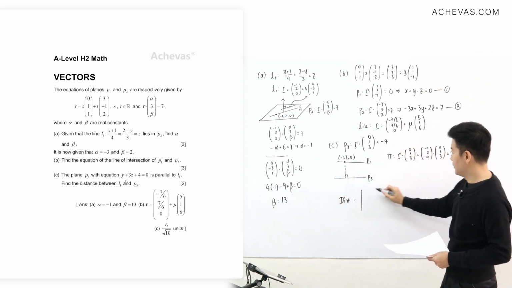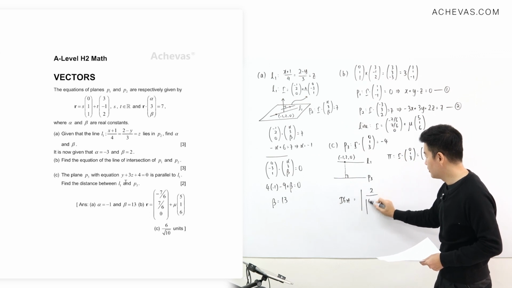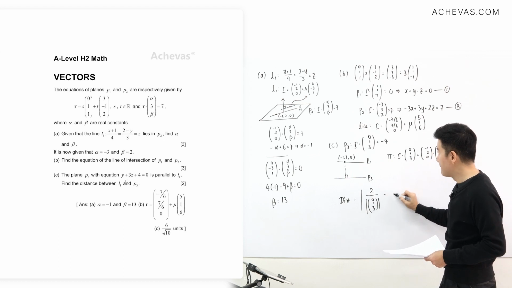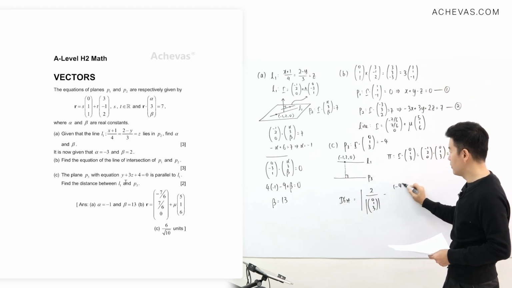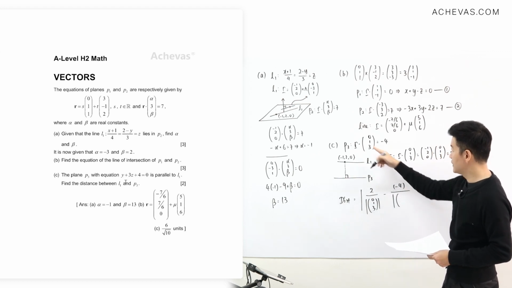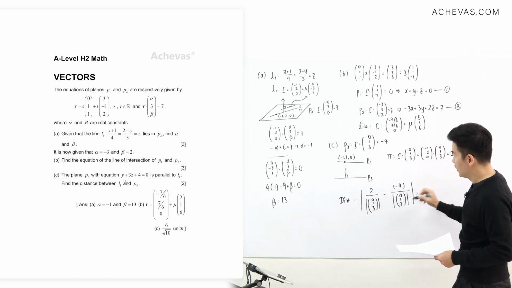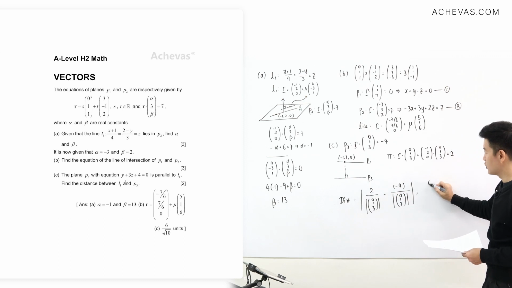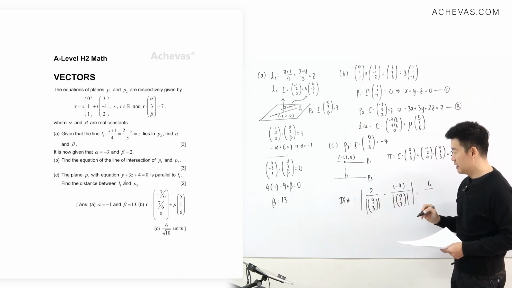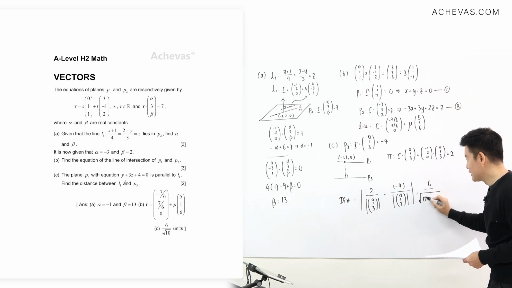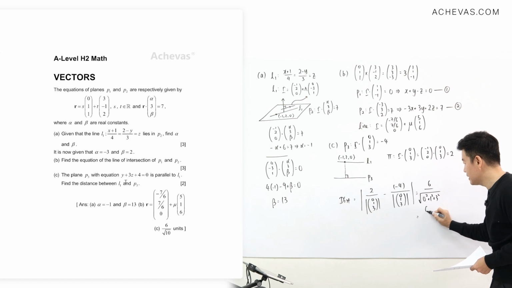It is going to be 2 over the modulus of (0, 1, 3) minus minus 4 over the modulus of (0, 1, 3). So 2 plus 4 is equal to 6, divided by the square root of 0 squared plus 1 squared plus 3 squared. So our answer here is 6 over square root of 10.